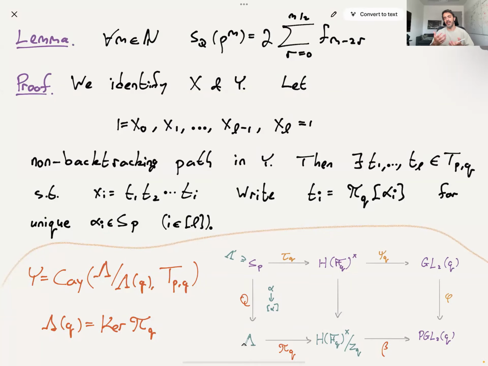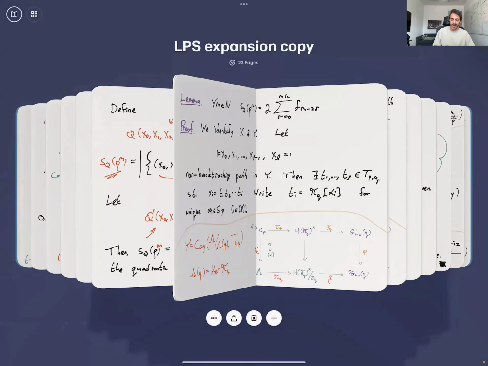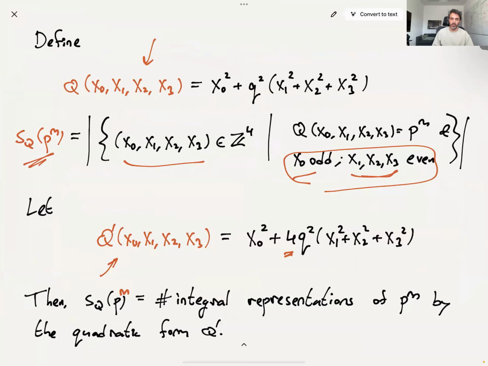So the number of non-backtracking random walks, well, from lengths 0 up to M, jumping in steps of 2, is, because of the graph structure, and we're going to prove that, that's the technical part of this talk, exactly how many elements you have in this SQ of P to the M set.